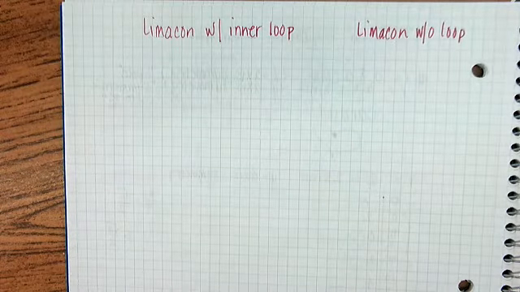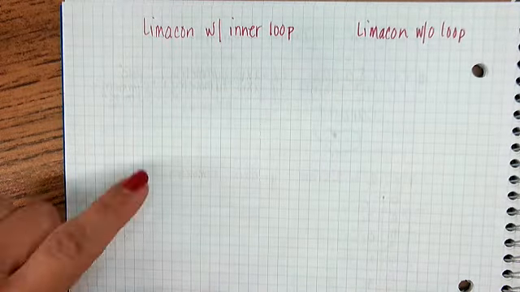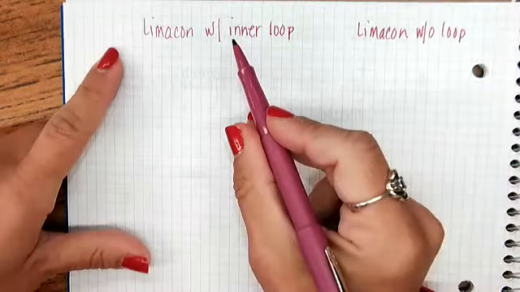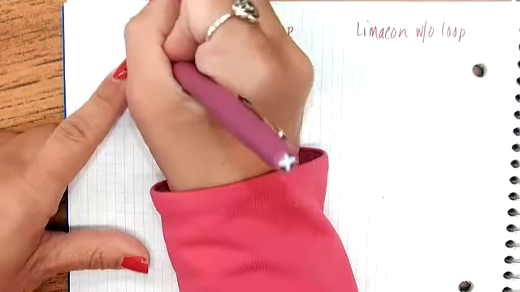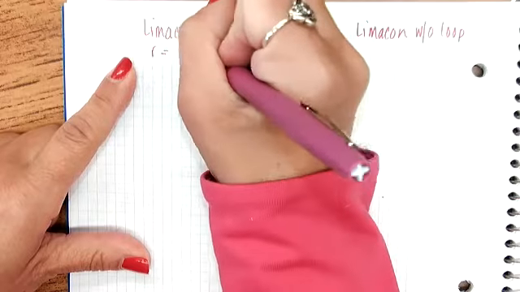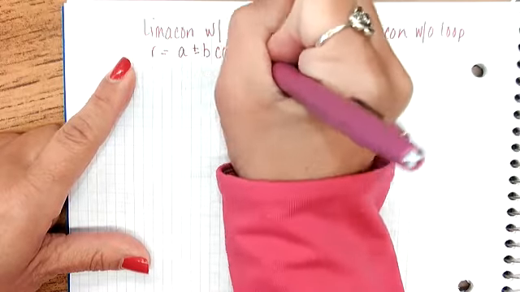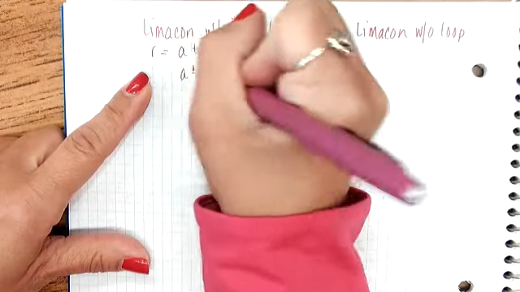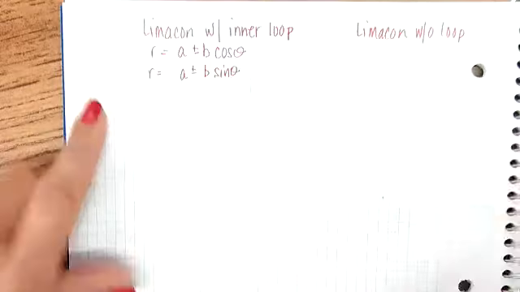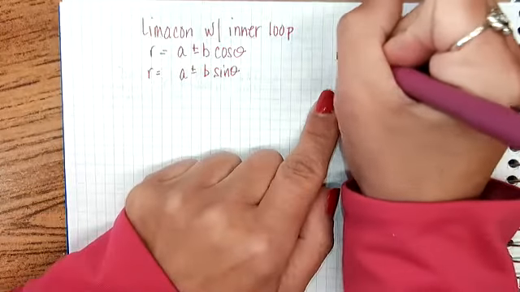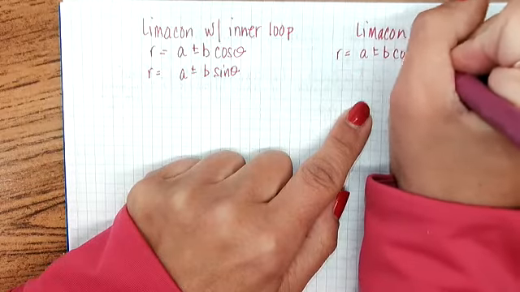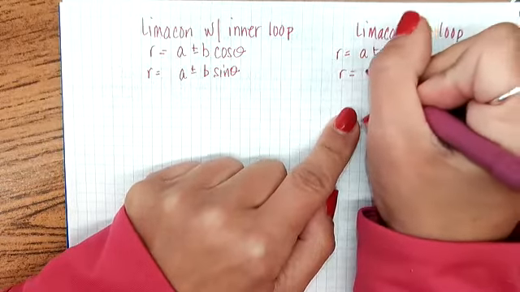Okay, so the limaçon with the loop is of the form r equals a plus b cosine, and then of course a plus b sine. They look the same. Without the loop, same equations.